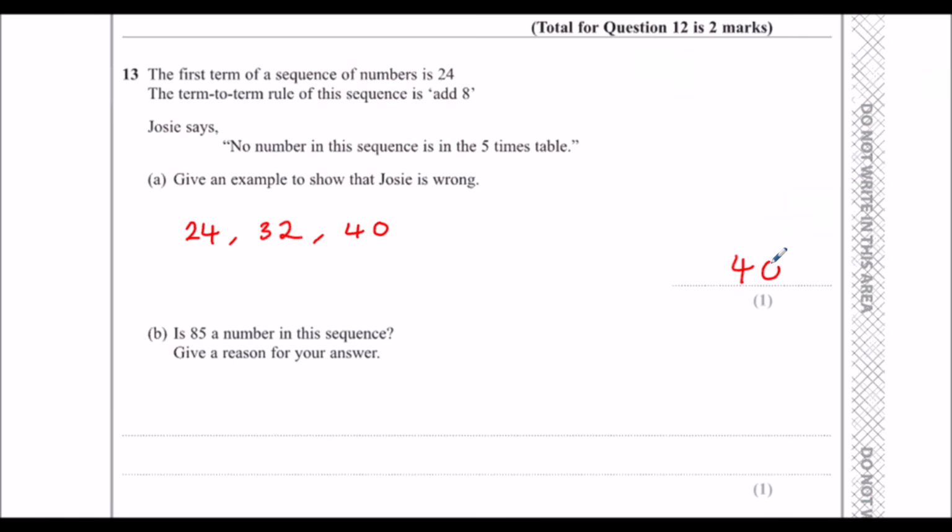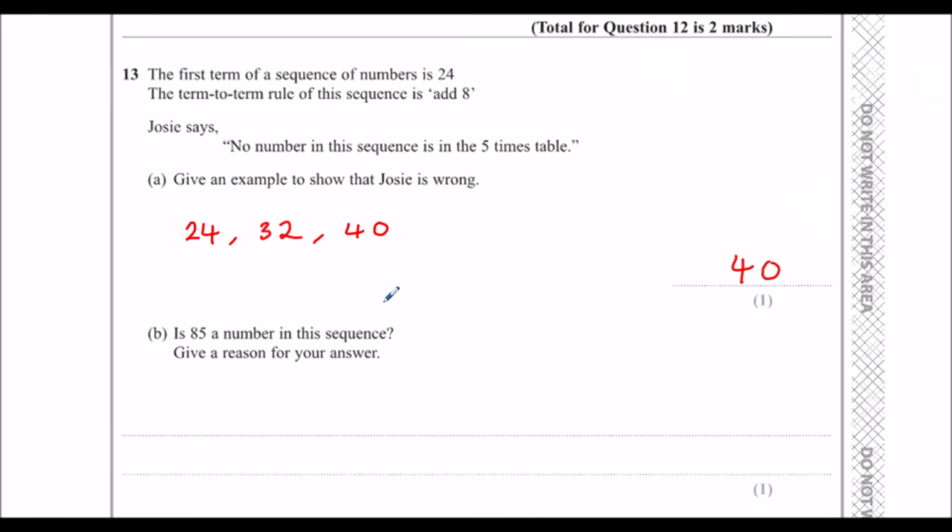So 40. Is 85 a number in the sequence? Give a reason for your answer. So all of the numbers in the sequence are going to be in the 8 times table, and 85 isn't in the 8 times table. Or we could say they're all even, and 85 isn't even.